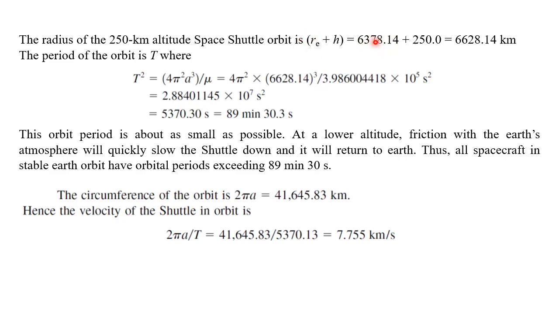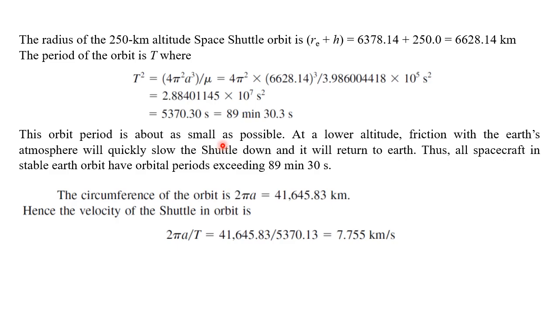So the radius of the orbit will be height plus the radius of the Earth, that is this one. Using T squared equals 4 pi squared a cubed divided by mu, putting the value of a, we can calculate the value of the time period, right?